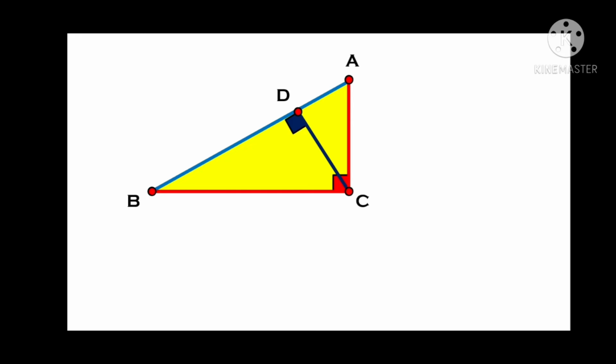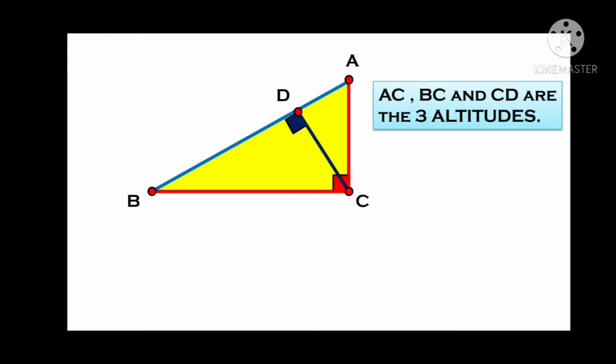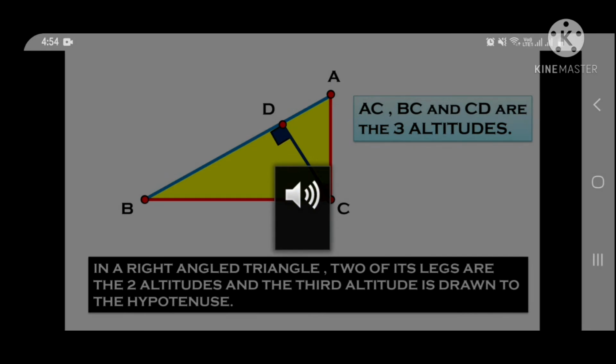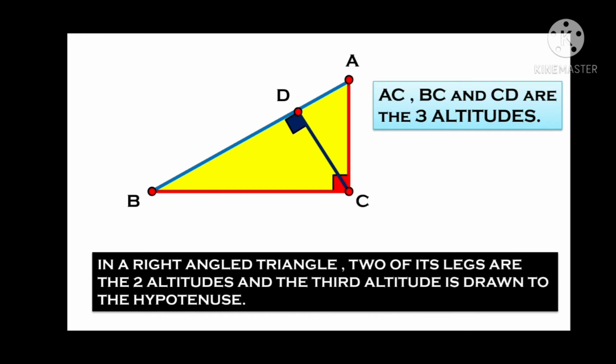So from C we have drawn a perpendicular to AB, from A we have drawn a perpendicular to BC, and similarly from B we have drawn a perpendicular to AC. Now here we can see that AC, BC and CD are the three altitudes. In a right angle triangle, two of its legs, AC and BC, are two altitudes.